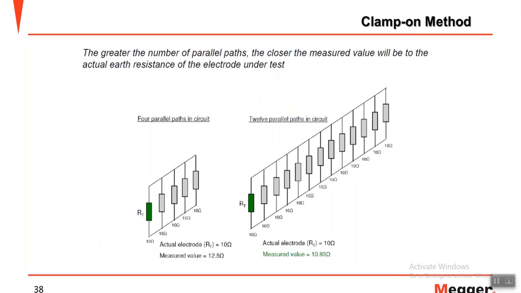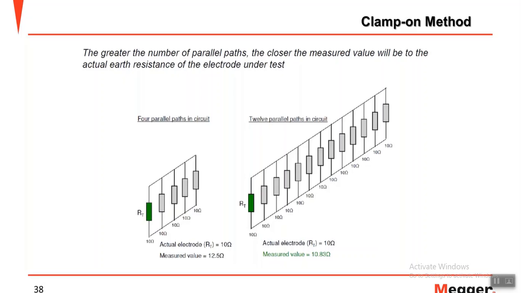Okay, the greater the number of parallel paths, the closer the measured value will be to the actual earth resistance. So this method will give you a more accurate result if your system has many parallel paths in the circuit.